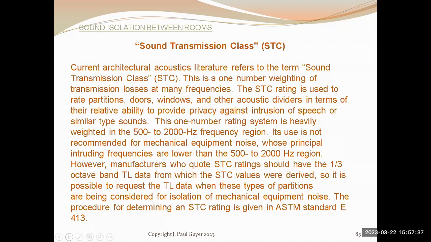And the other thing that can be done is flexible metal channels.